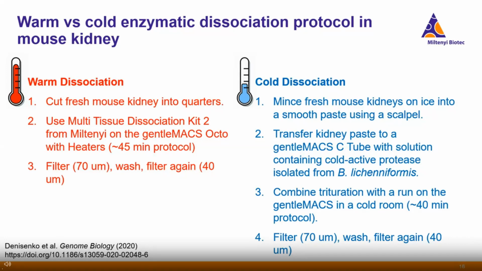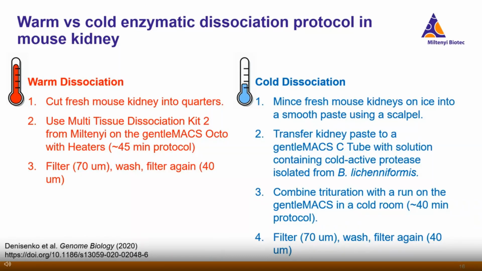Then they had to combine trituration with the run on the gentleMACS in the cold room. And so they did this back and forth, and that lasted about 40 minutes. And again, they filtered, washed, and filtered again. So both of these protocols ended up taking about the same amount of time, but the cold dissociation obviously required significantly more mechanical disruption in order to get a single cell suspension.